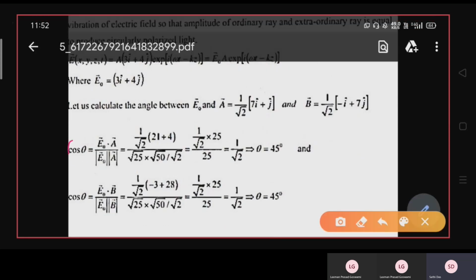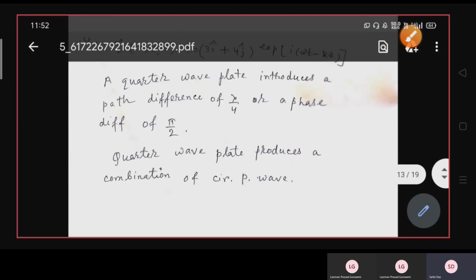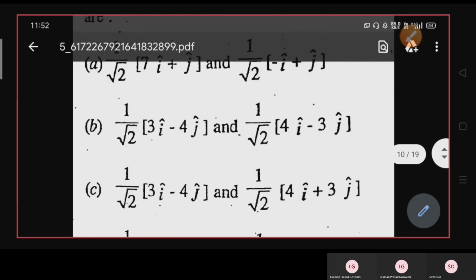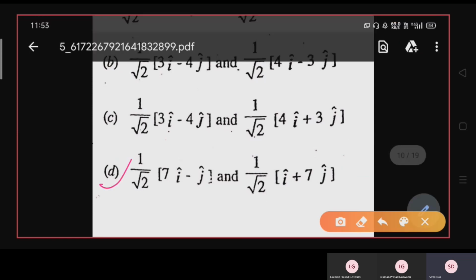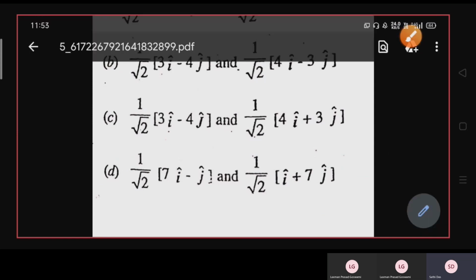So we find the angle between them: cos theta equals E naught dot A divided by mod E naught into mod A, and cos theta equals E naught dot B divided by mod E naught mod B. And this shows that theta equals 45 degrees. So this is the correct option.